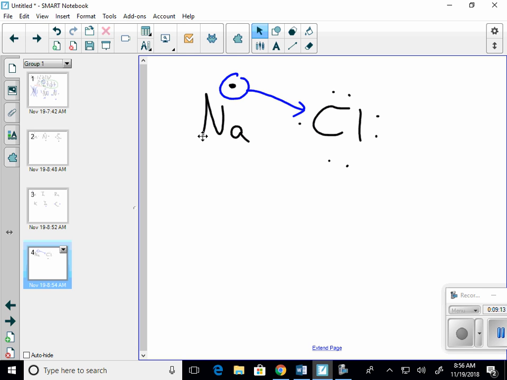Now step 3, what is our final answer? It says redraw your compound showing a full shell for the anion with an appropriate charge. The cation has no dots, but it has a charge. If sodium were to lose 1 electron, Noah, what would be the charge of sodium when it lost 1 electron?